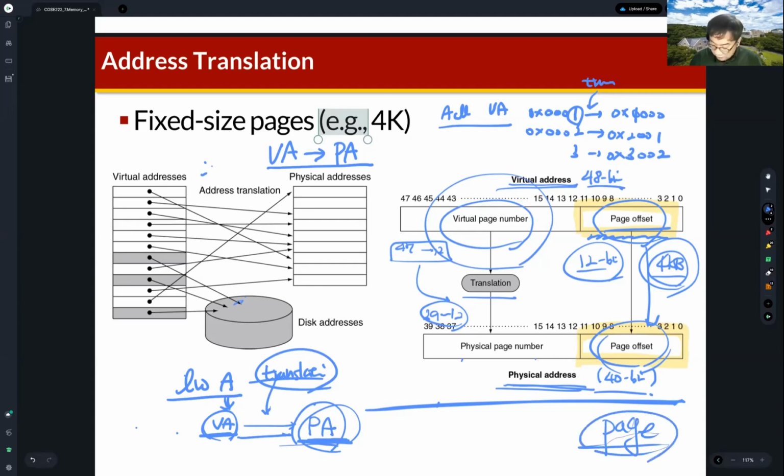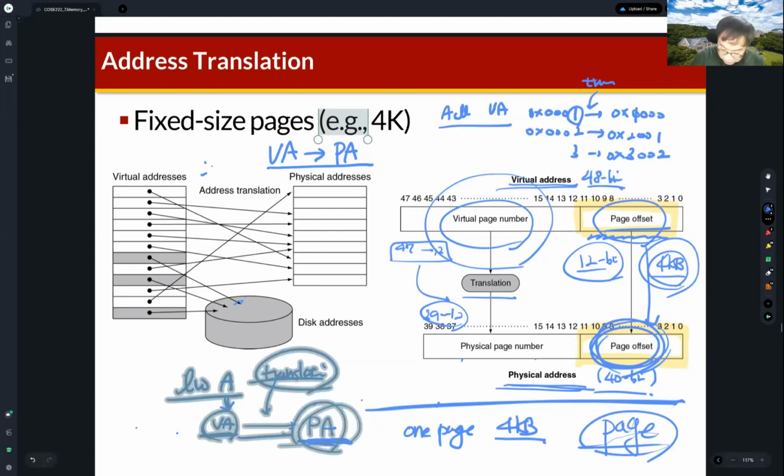That's why this part is called the page offset. In this example, the size of one page is 4 kilobytes. Okay, so this is how the virtual address is translated into the physical address.